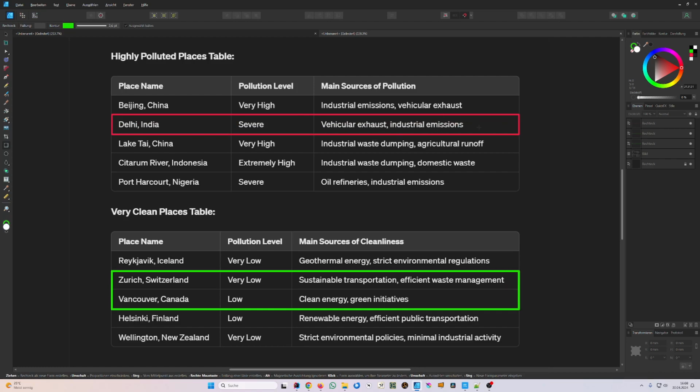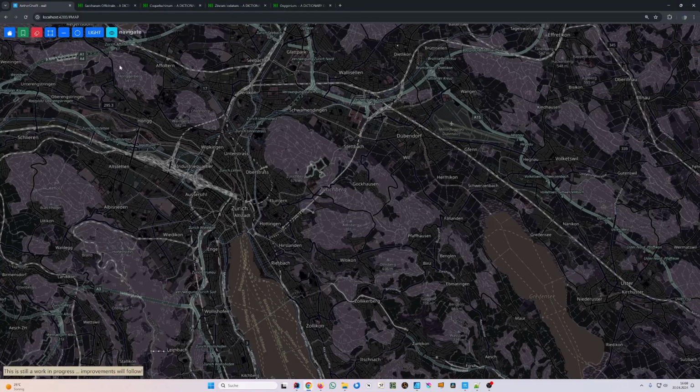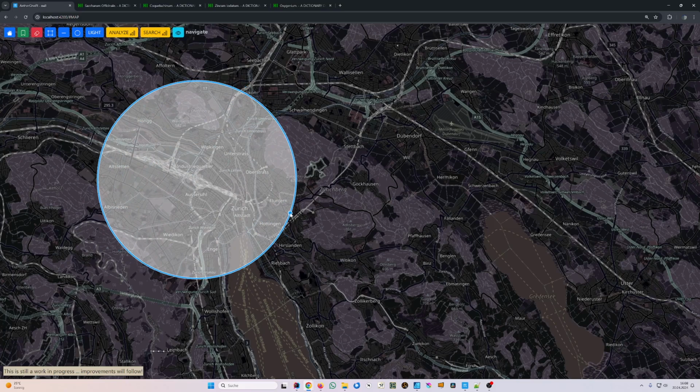So this is the reason, because of the bad air and the cough. But in Zurich, Switzerland, we can expect that the air is better. Well, I was in Zurich once, and I can say it's a big city, so the air is not really that good. But let's check what the analysis says.